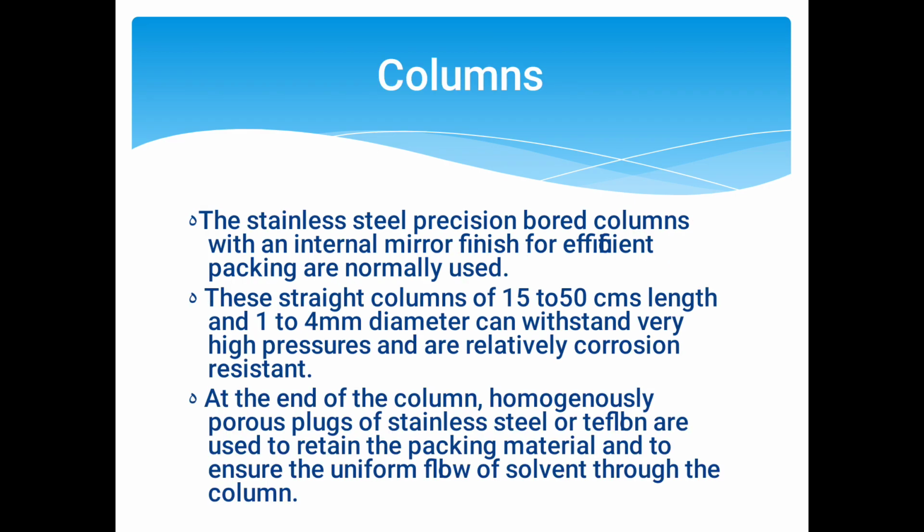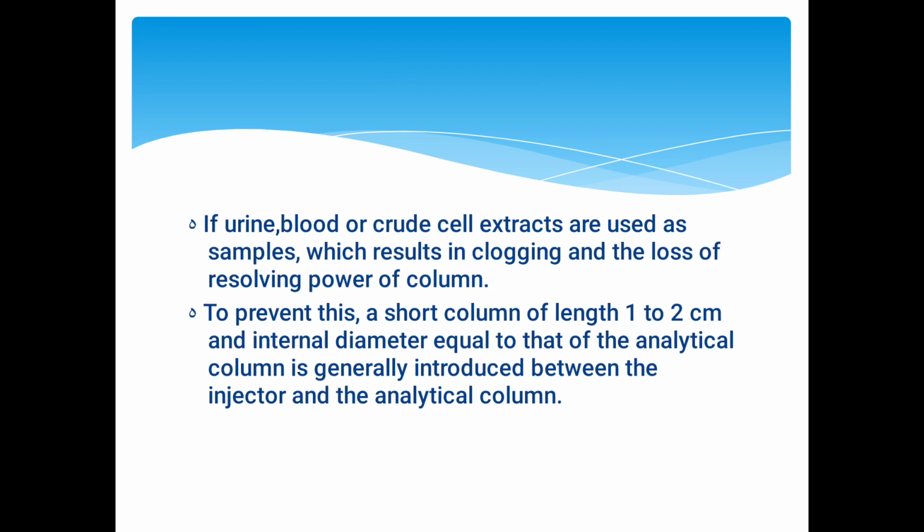Columns. Stainless steel precision bore columns with an internal mirror finish for efficient packing are normally used. The column lengths are 15 to 50 centimeters. If urine, blood or crude cell extracts are used as samples, they result in clogging and loss of the resolving power of the column.